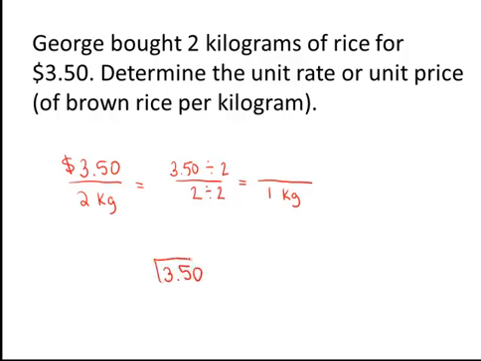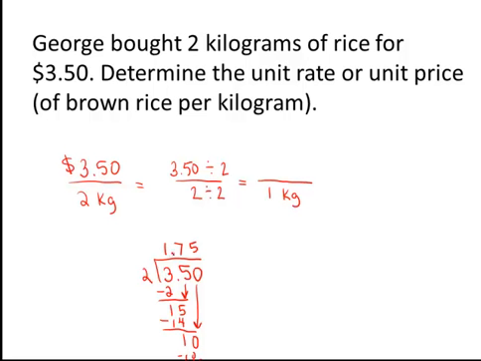$3.50 divided by 2 will do below. 2 goes into 3 once. 2 times 1 is 2, with 1 left over. Bring down the 5. 2 goes into 15 7 times. 2 times 7 is 14, with 1 left over. Bring down the 0. 2 goes into 10 5 times evenly.